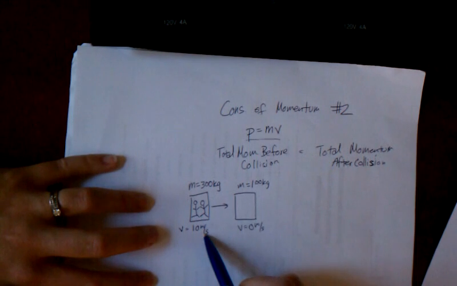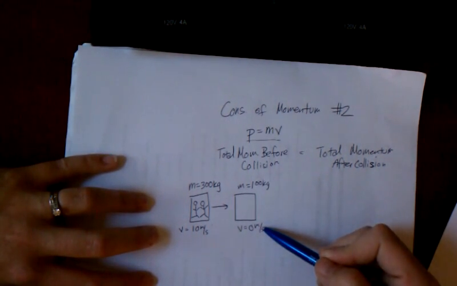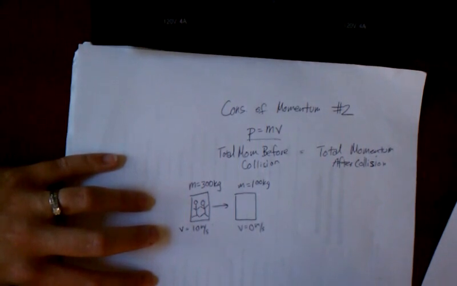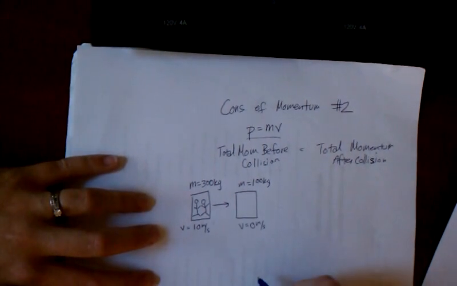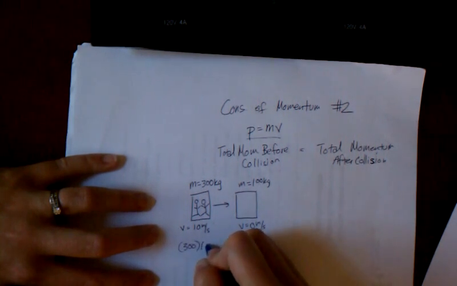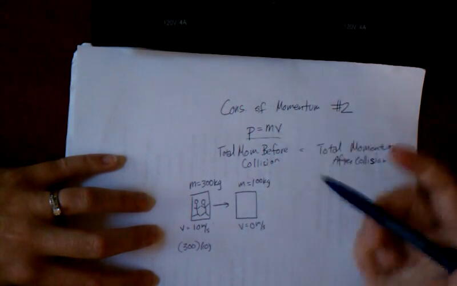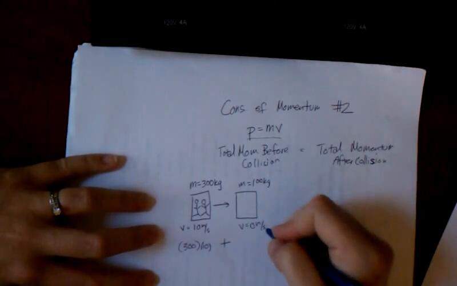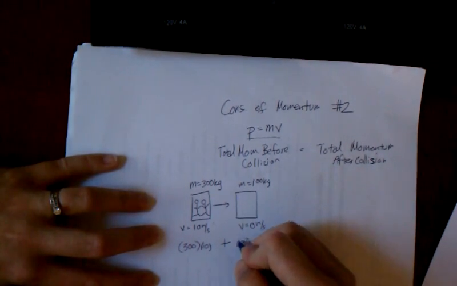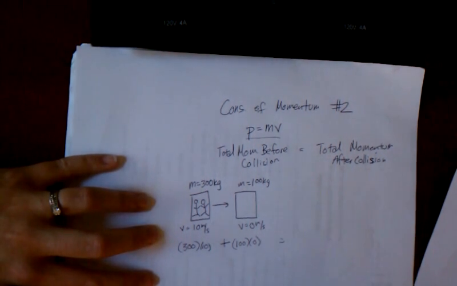I've got 300 kilograms times 10 meters per second, and then 100 kilograms times 0 meters per second to find my total momentum. So the total momentum before my collision is 300 times 10, because remember, P equals mv, plus 100 times 0. My total momentum before is now shown.